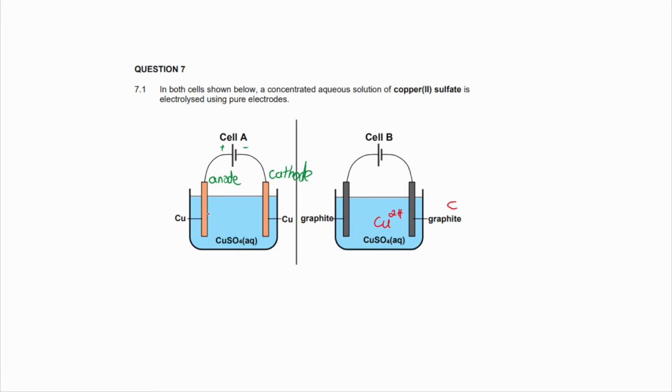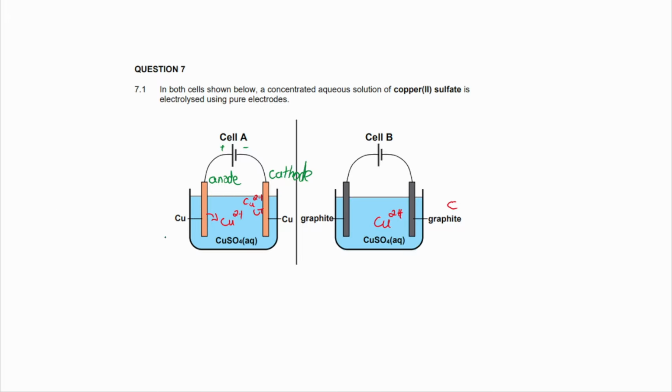So this copper is losing electrons to become Cu2+, okay? And on this side we have the cathode, we have reduction, which is a gain in electrons. So these copper 2+ ions are gaining electrons to become solid copper, okay?